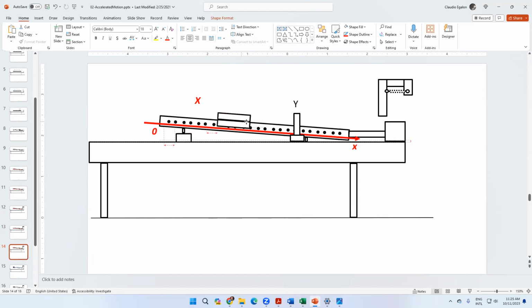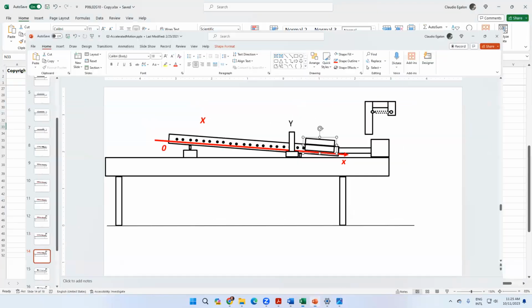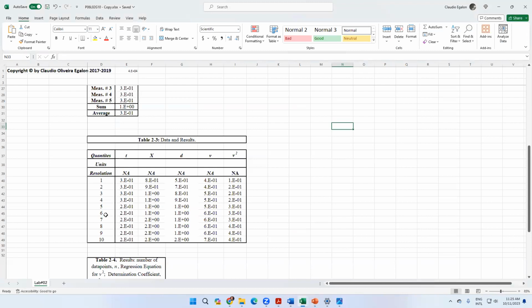The cart moves through the photo gate, and the amount of time that the cart takes to move through it is indicated in the photo gate. The upper portion of the cart blocks this beam of light, and the timer in the photo gate tells us how long the beam of light is blocked. That's what those measurements are all about.